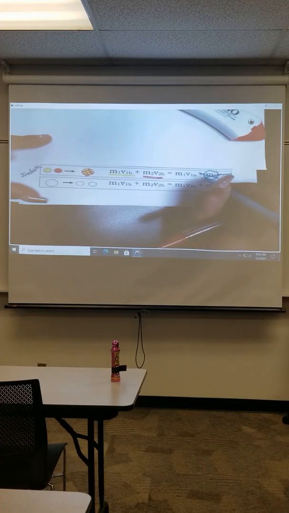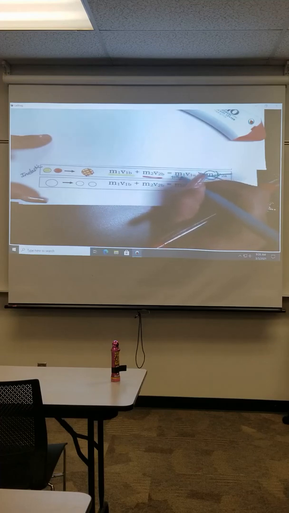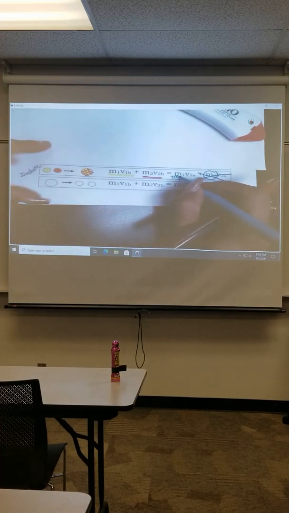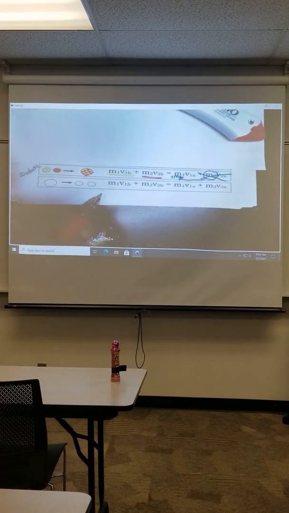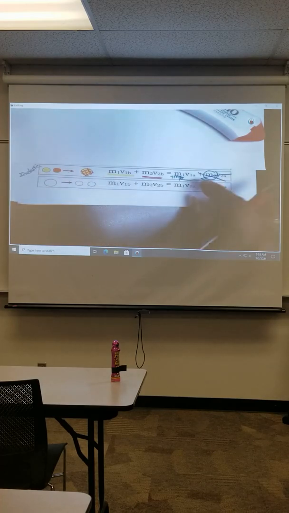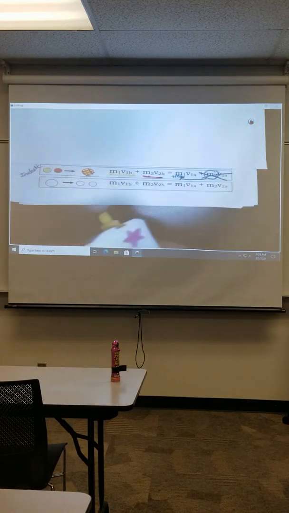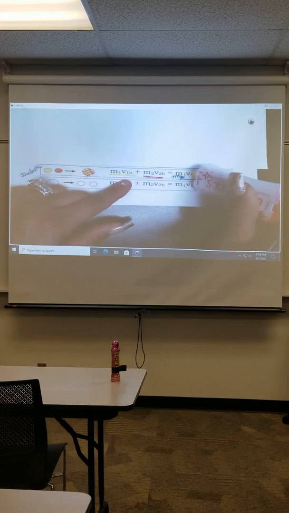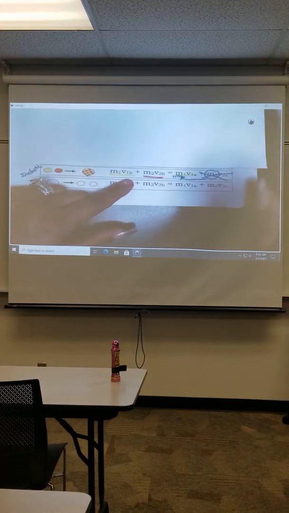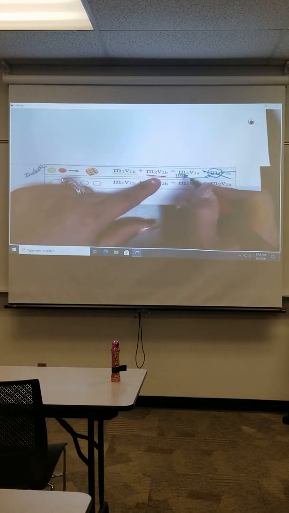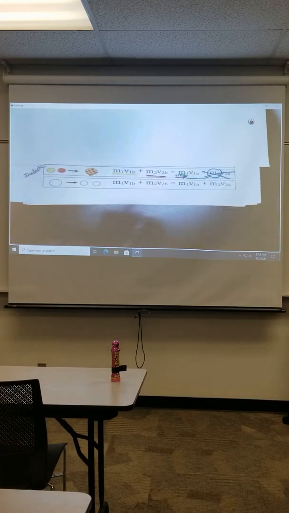I bring it over here and I say plus M2. You can see that. So M1, I can see over here on the left is yellow, and M2 is red. And now I have yellow-red combined into one.